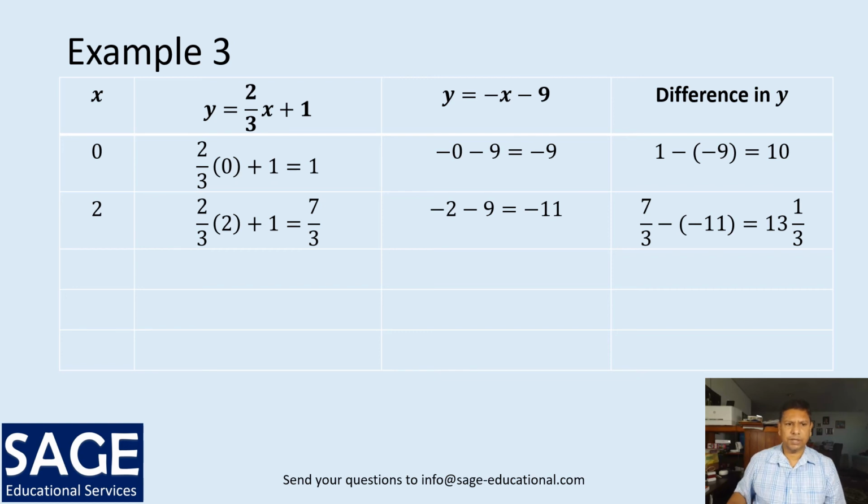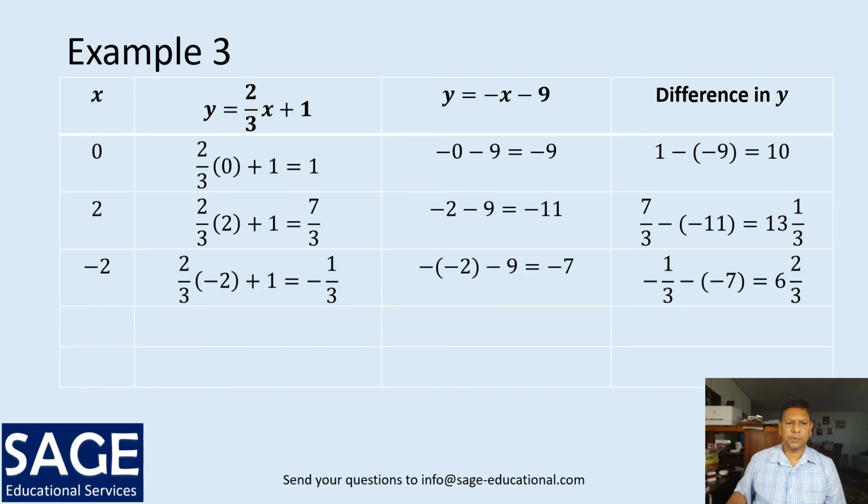So instead of 2, we will try negative 2. And when we make x is equal to negative 2, the first equation gives y is equal to negative 1/3. The second equation gives y is equal to negative 7. And the difference is now 6 and 2/3. So the difference is now closer to 0.